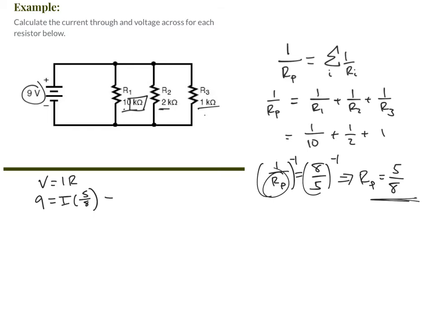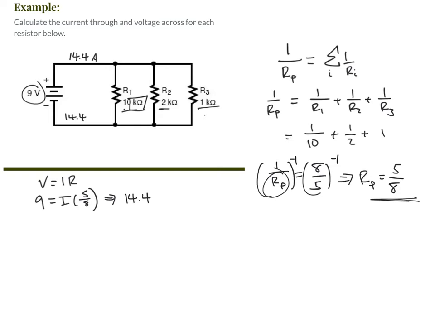Some quick maths tell you that's 72 over 5, which is 14.4. And that current is not actually going to go through the resistors because the current's going to get split, but it will be the current in these wires that are going to and from the battery. So if you put an ammeter there, you would have a current of 14.4.